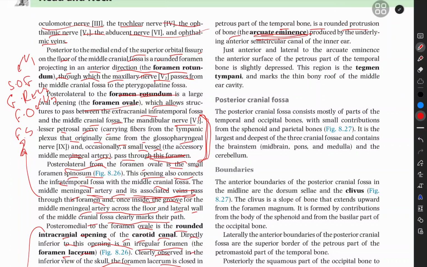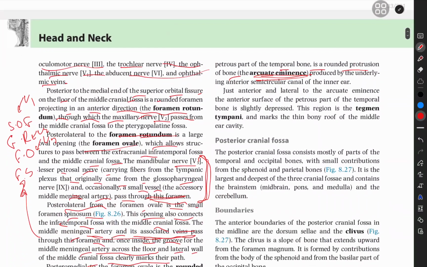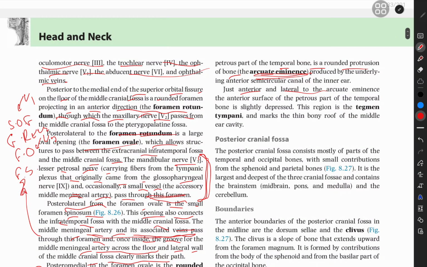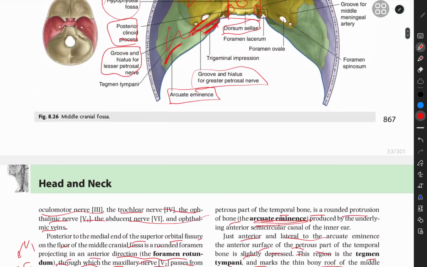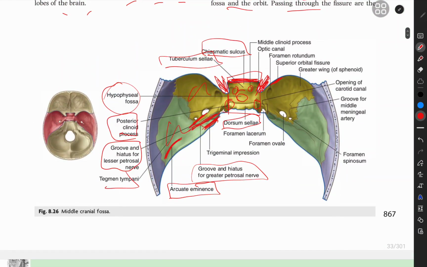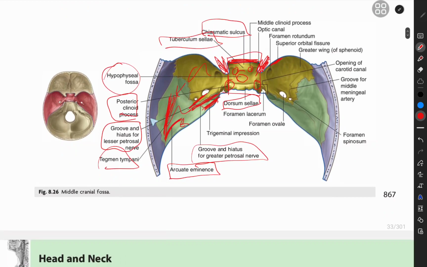I don't think it's extremely important, but still. Just anterior and lateral to the arcuate eminence, the anterior surface of the petrous part of the temporal bone is slightly depressed. This region is the tegmen tympani, which marks the thin bony roof of the middle ear cavity. So here is the tegmen tympani, middle ear, inner ear, and the outer ear is outside.